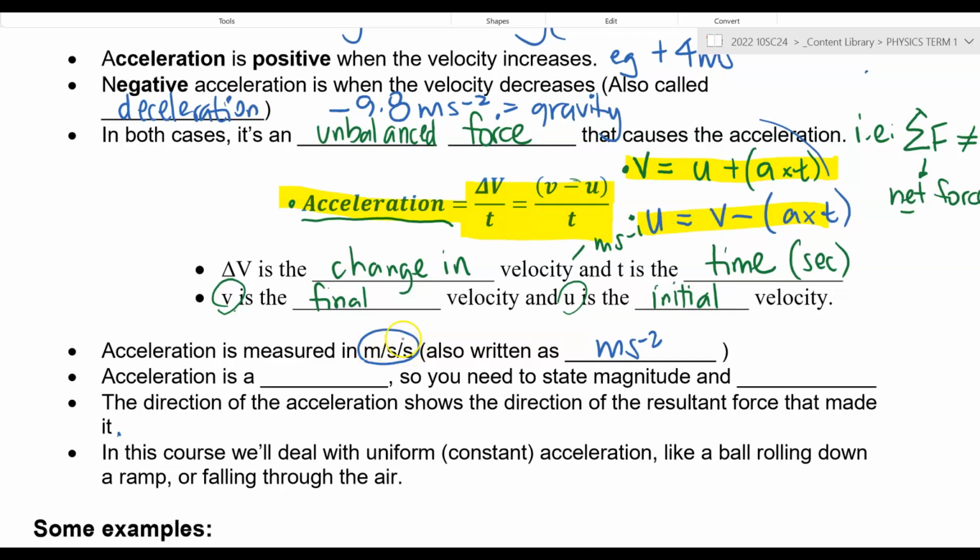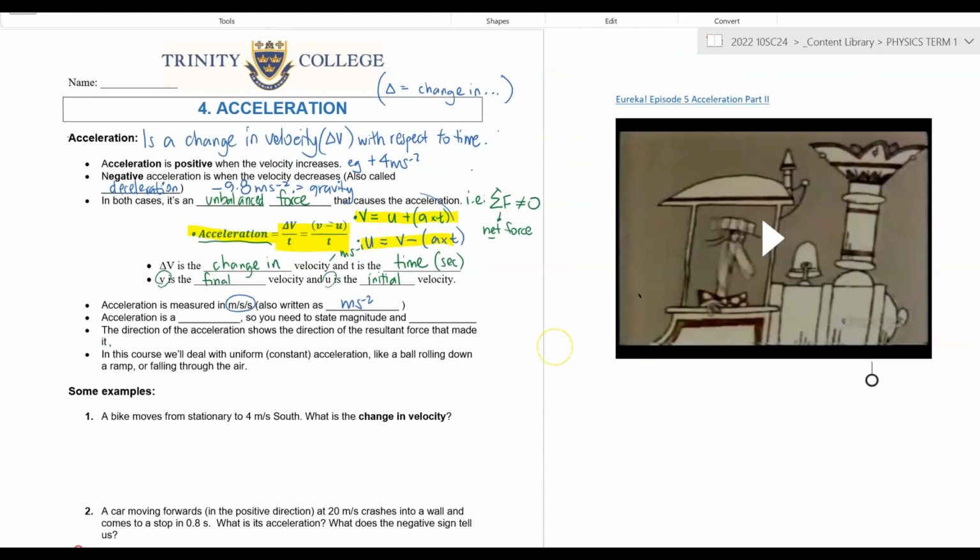Remember, it's the rate of change of velocity, so it's how fast your velocity is changing in meters per second every second, which is meters per second squared. If you're not sure about that, the Eureka video attached here explains it reasonably well. Okay, if you want, now's a good time. Pause, watch the video, come back.